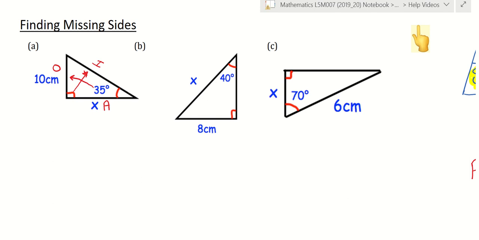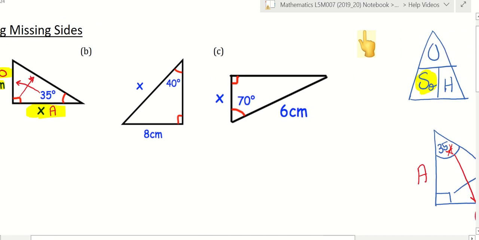Which two sides do I need? Well, I definitely need the one that has the measurement, which is O. What's the other side I need? Well, I certainly need the side I want to find, which is A, which basically means that H is unnecessary. You can rub it off, you can leave it, but I suggest highlighting the two that you want. I want O and A.